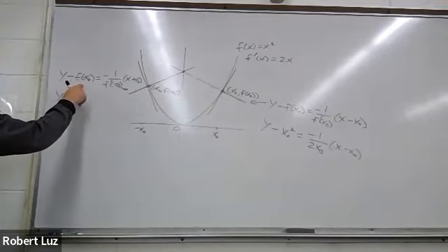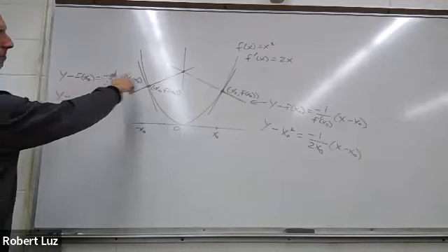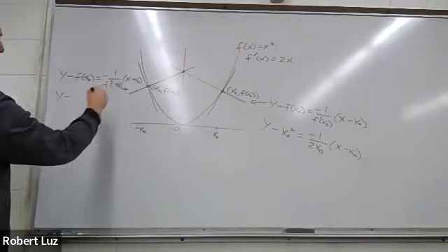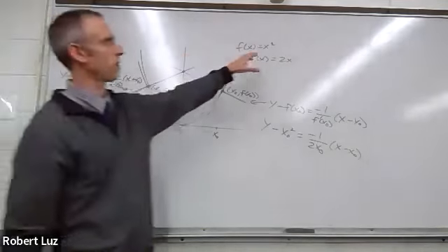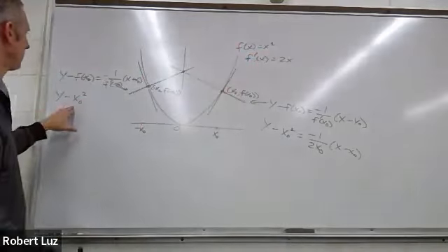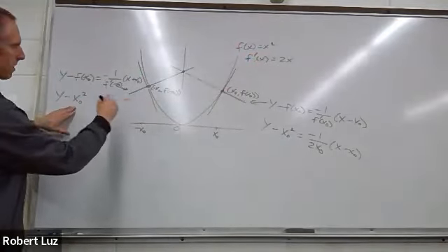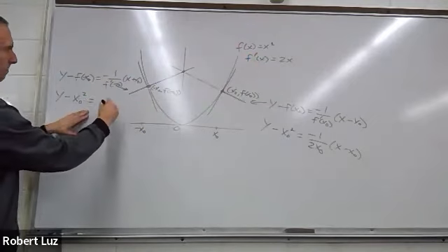Y minus f of negative x0, you plug that in, you get x0 squared, because the negative becomes positive when you square it. So y minus x0 squared looks the same as what we have over there.